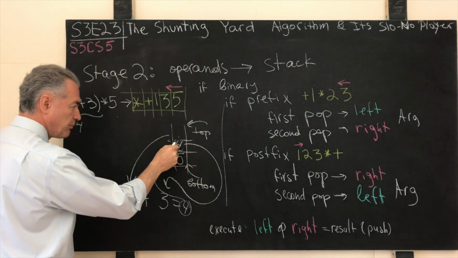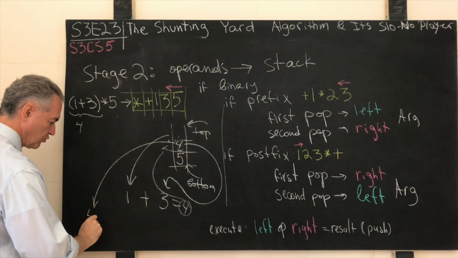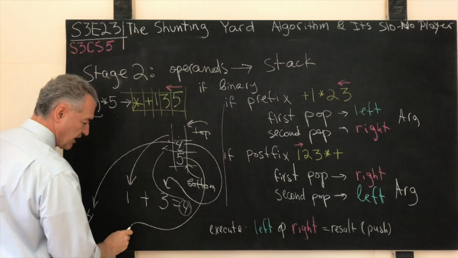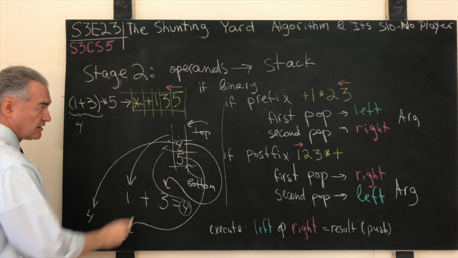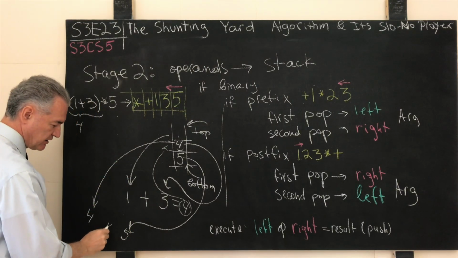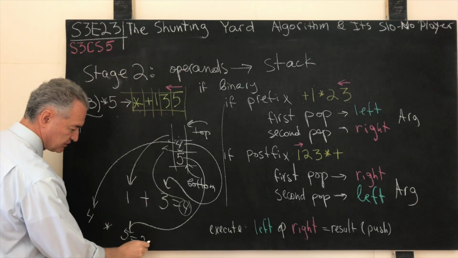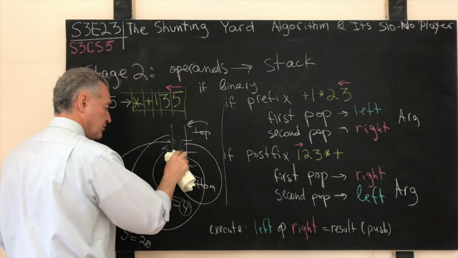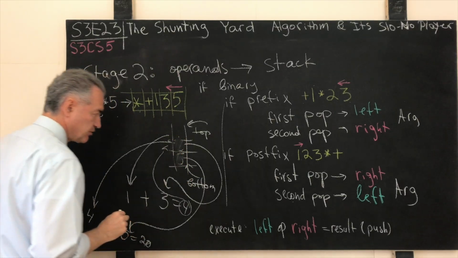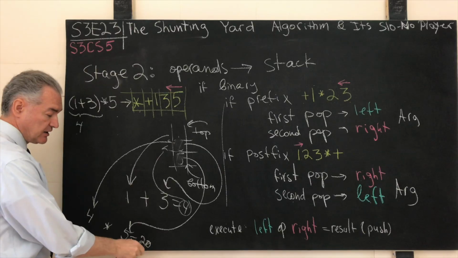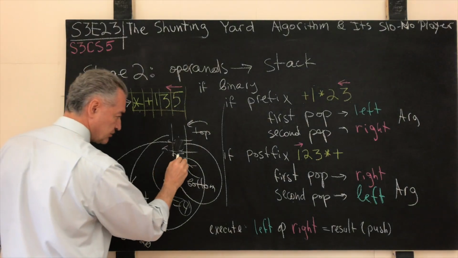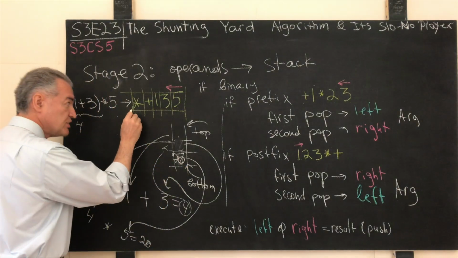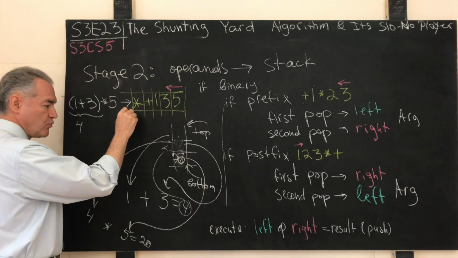So here we pop 4 goes on the left, 5 goes on the right. The current operator is multiply. 4 times 5 is 20. So once we pop all this material off our stack, the stack is empty right now. We push 20 back onto the stack. So here we have 20. We reach the end of the input, nothing more.